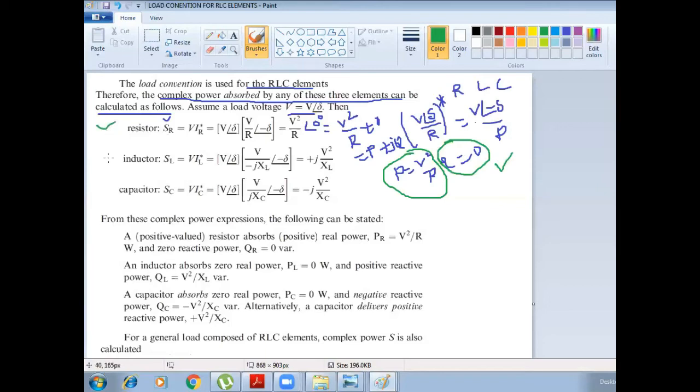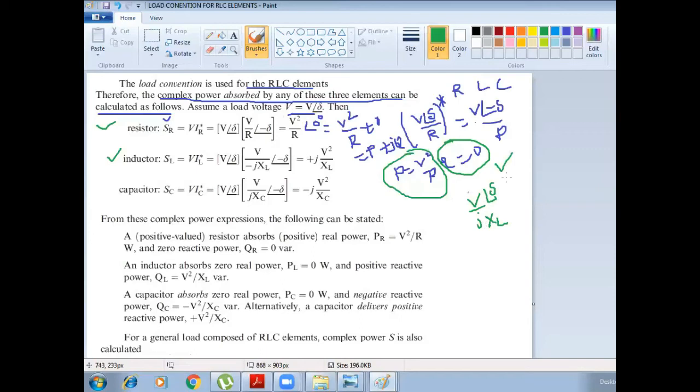Now if we consider the inductor, the complex power is given by V multiplied by IL star, with V at an angle delta. We have to take the complex conjugate of the current IL. IL is given by V by jXL, which is the current in the inductor. We take V at an angle delta, because we assumed that the voltage across the load is V at an angle delta, so V at an angle delta by jXL.